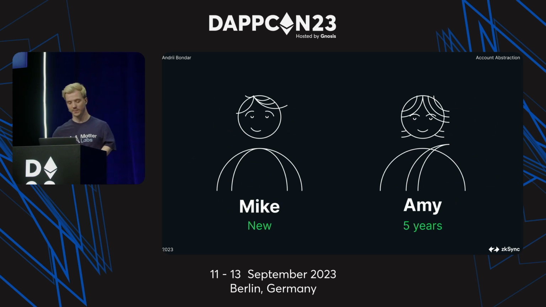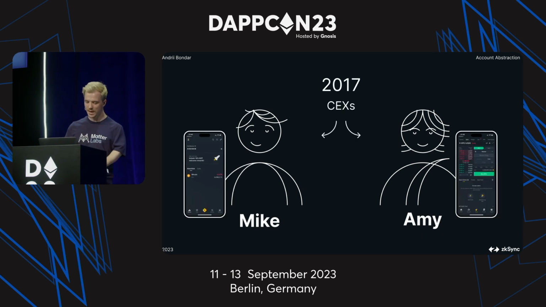Let's have Mike, who is new in the blockchain sphere, and Amy, an expert with 5 years of experience. In 2017, I worked with some centralized exchanges, and at that time, there was a trend to divide users into less experienced and more experienced categories.